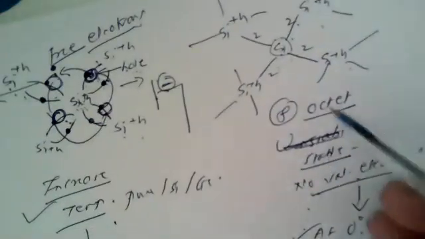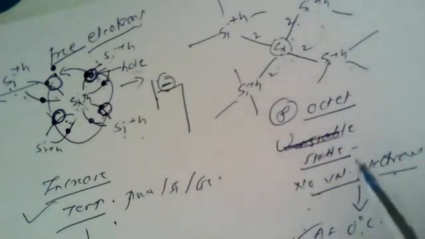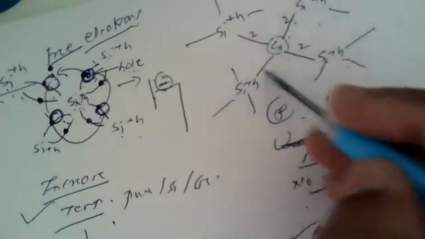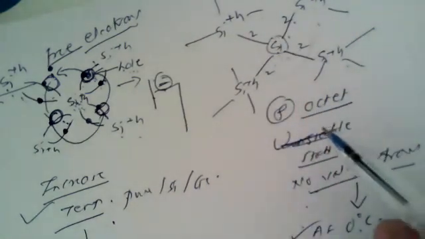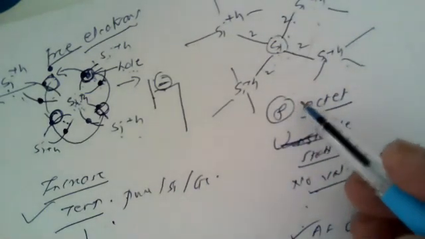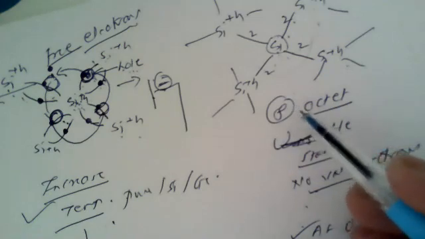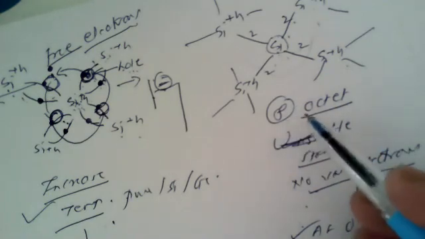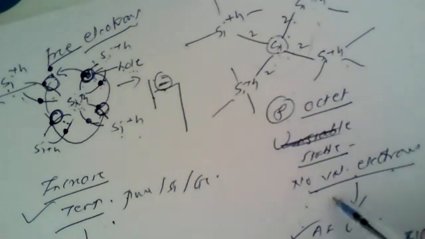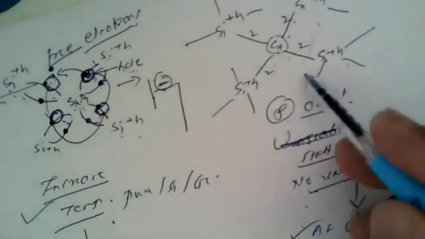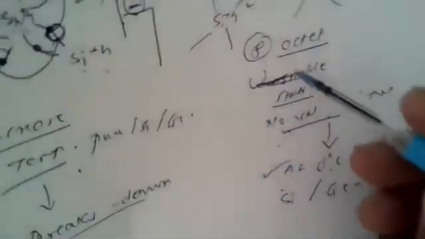And because every silicon has a saturated electronic subshell, that is 8 electrons, it is as good as the inert gas elements, which also have 8 electrons. And because no valence electrons are there, such materials are non-conductors or insulators at 0 degree centigrade.